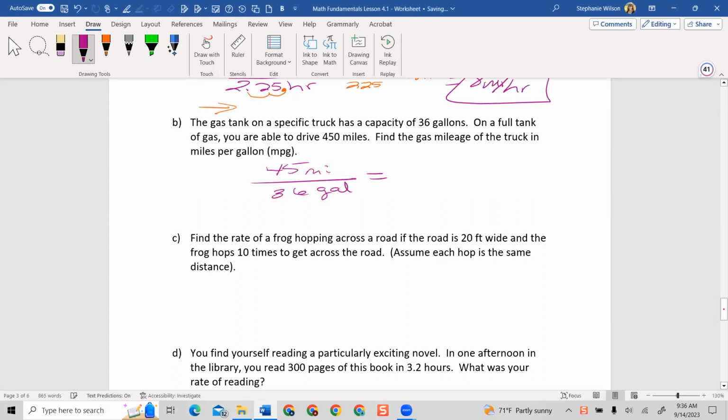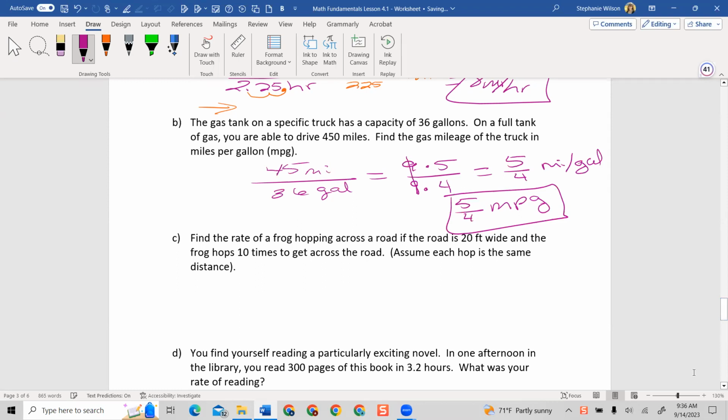I noticed that 45 is a product of 9 times 5, and 36 is a product of 9 times 4. So I'm going to reduce it by 9. So I got 5/4 miles per gallon, which is also 5/4 mpg.